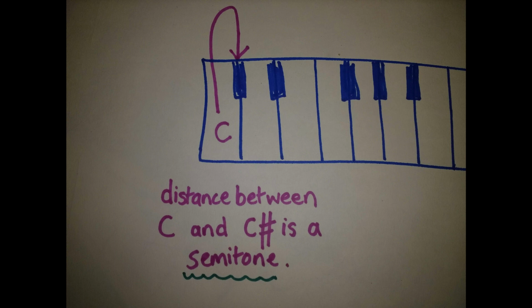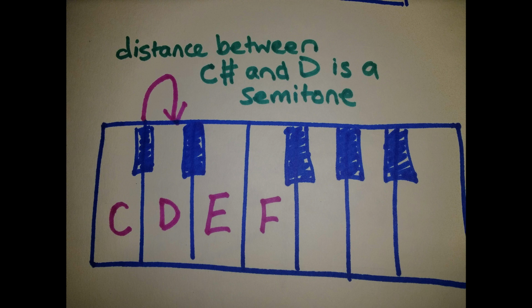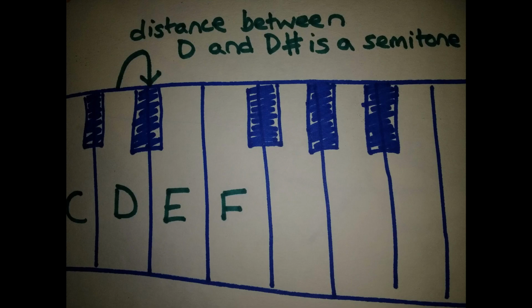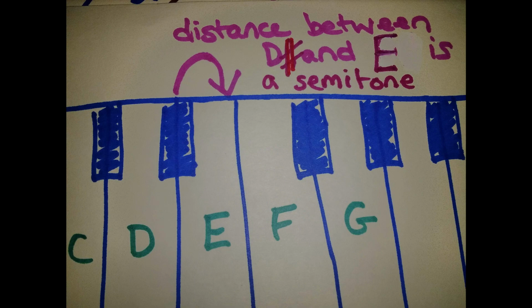And then the distance between that C sharp and the D next door would be another semitone. And again, the distance between D and D sharp, which is the black note to the right of D, would be a semitone. And then the distance between D sharp and E would also be a semitone.